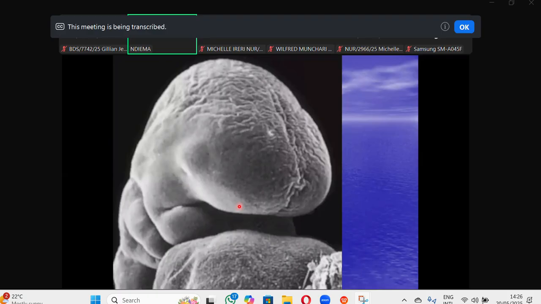From the frontonasal process, we have some thickening of the ectoderm. This thickened part of the ectoderm forms what you refer to as the nasal placode.